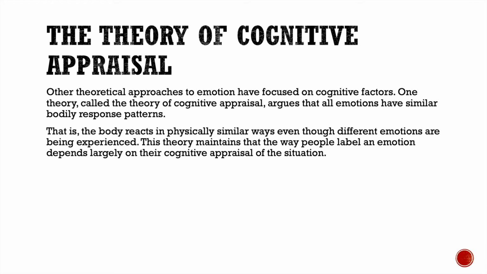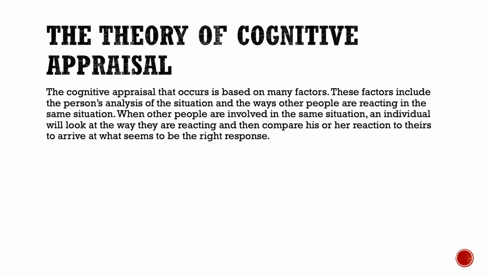Other theoretical approaches in emotion have focused on cognitive factors. One theory, called the theory of cognitive appraisal, argues that all emotions have similar bodily response patterns. That is, the body reacts in physically similar ways, even though different emotions are being experienced. This theory maintains that the way people label an emotion depends largely on their cognitive appraisal of the situation. The cognitive appraisal that occurs is based on many factors.